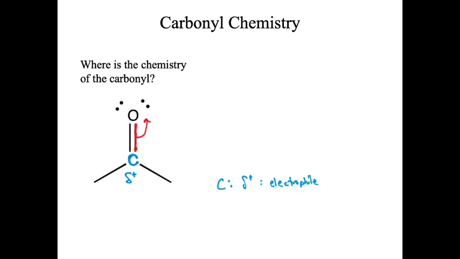which would also mean, if we break it into the definition for an electrophile, an electron acceptor. Well, if the oxygen just accepted those electrons, what happened to the oxygen?